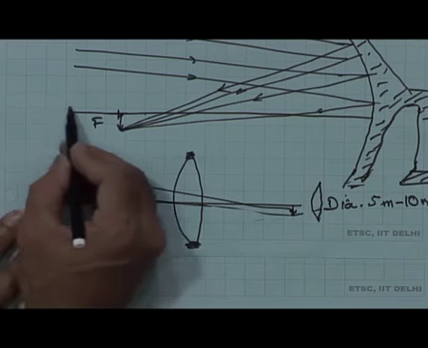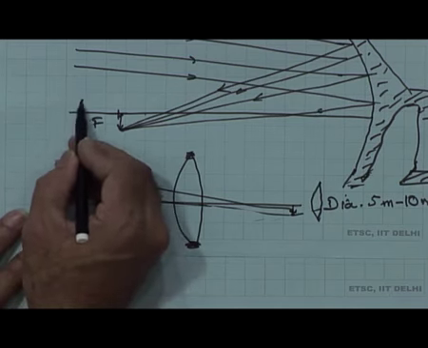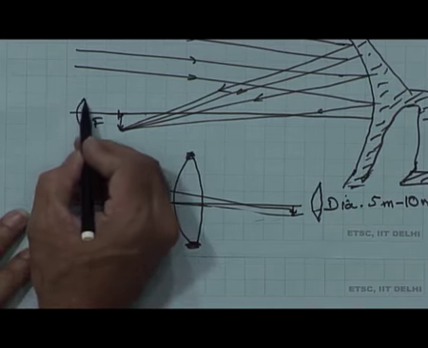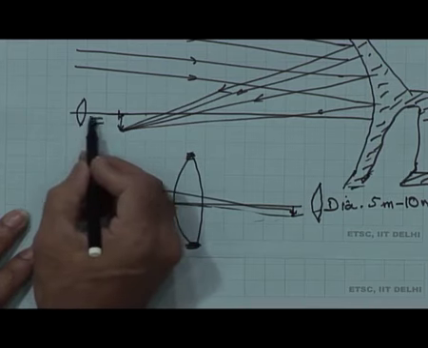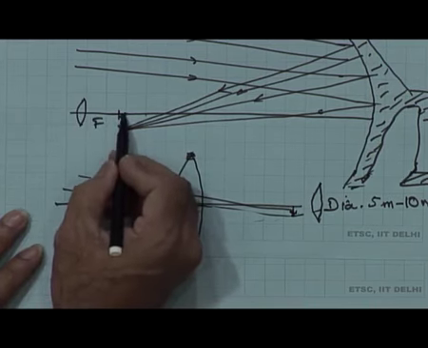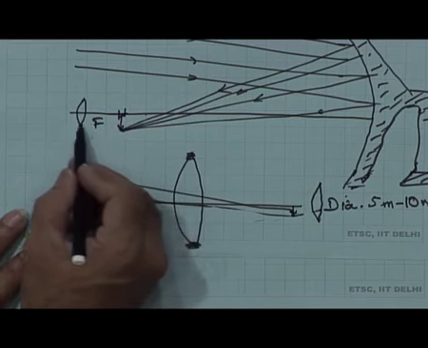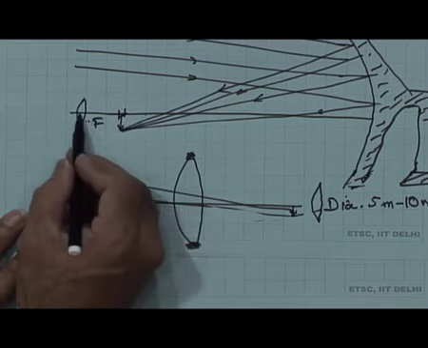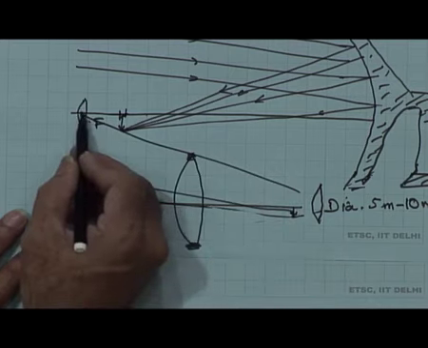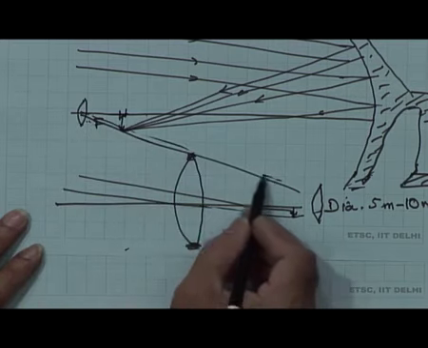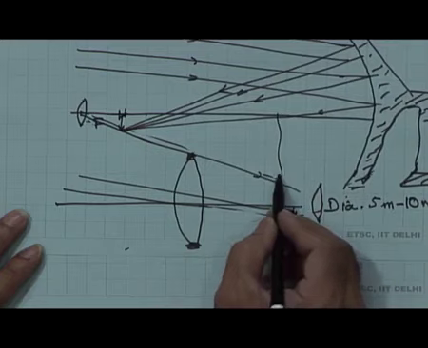So, the observer has to sit here. So, we have to keep an eyepiece here such that it is within the focal length, so that a magnified image can be obtained here.